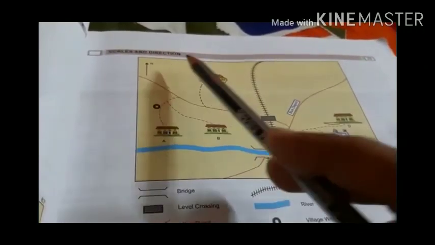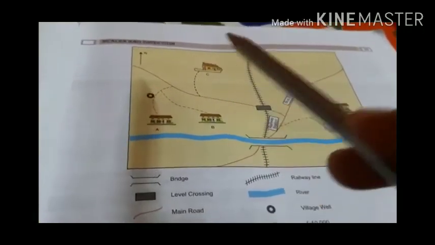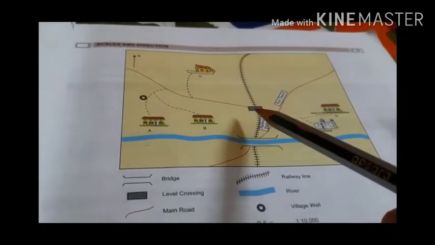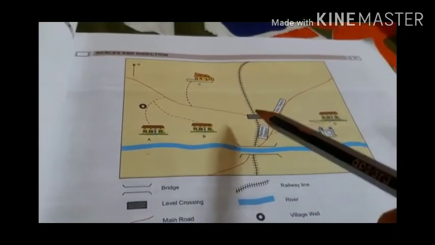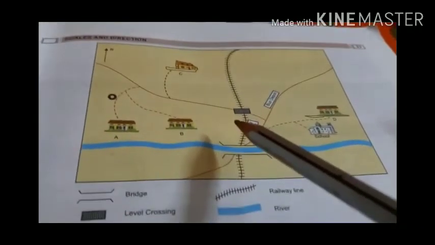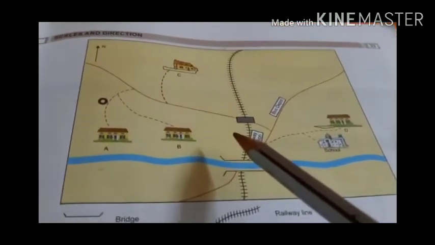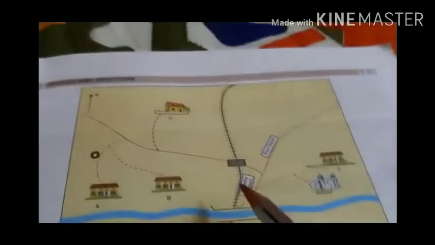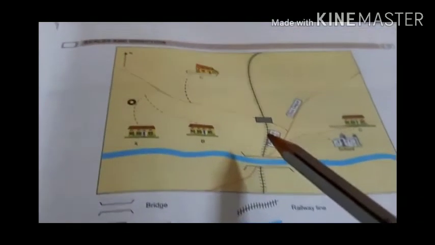Now in this, it is a small area, a village, but it is giving us more information, more detail, and that's why it is a large scale.